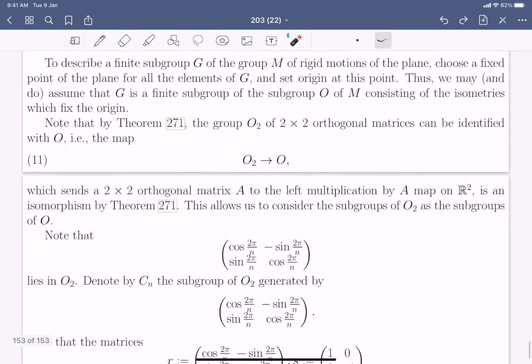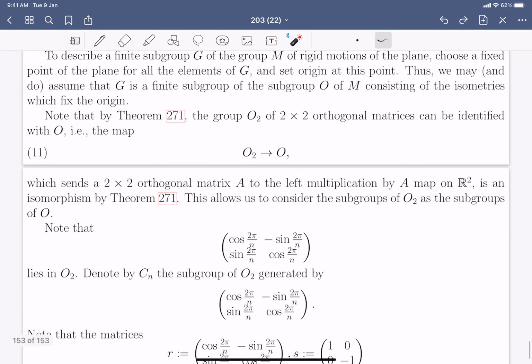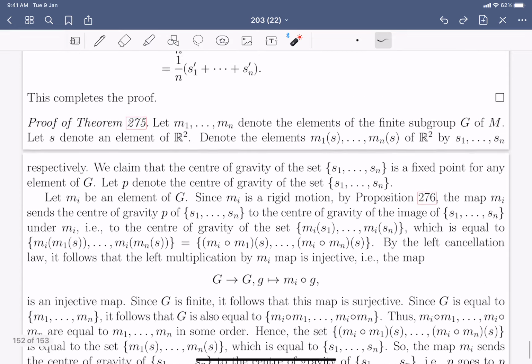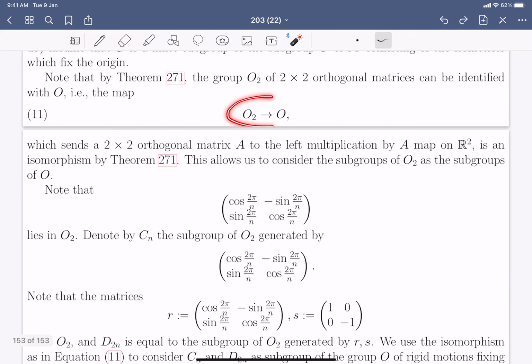And now from O2 to O we have a nice map that sends a 2 by 2 orthogonal matrix A, an element of O2, to the left multiplication by A map on R2. By the results that we have discussed, this map from O2 to O is an isomorphism.